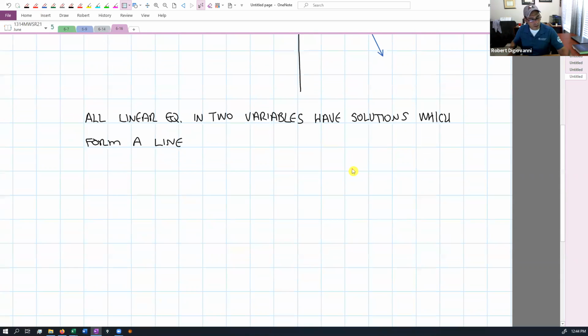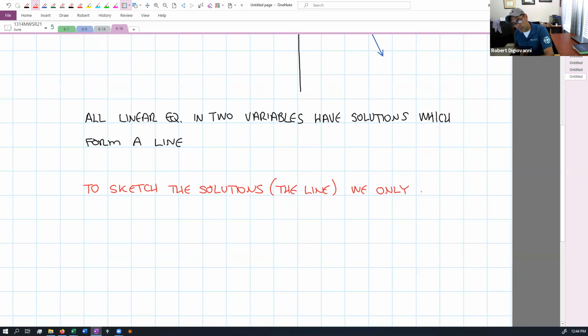So what Diane is telling us, I'm going to write in red, is that to sketch the solutions, in other words the line, we only need 2 points or 2 solutions.